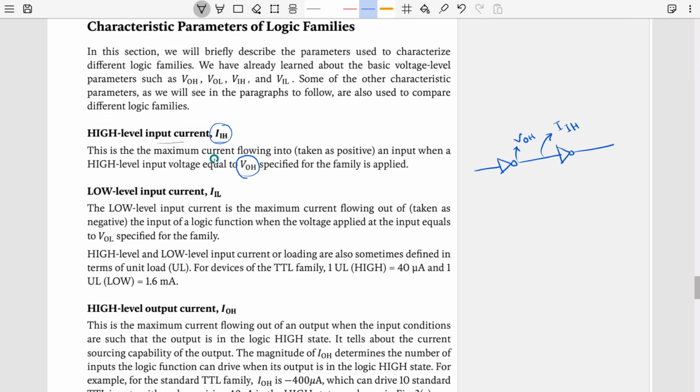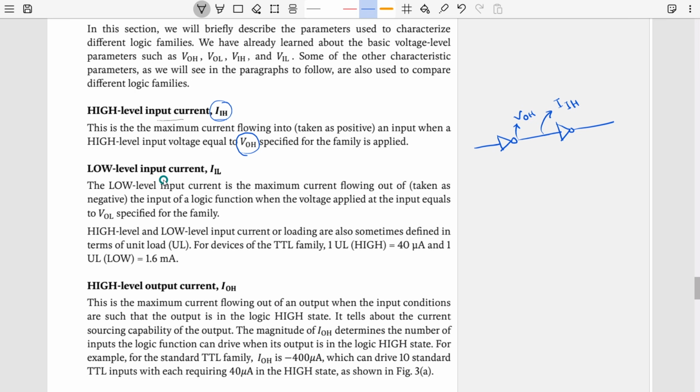Similarly, the same concept can be explained for IIL as well. The only difference is that now we are talking about the low condition. So this one will be VOL, right? And here we are going to call that IIL. The idea is, what is the amount of current consumed or maybe coming out.